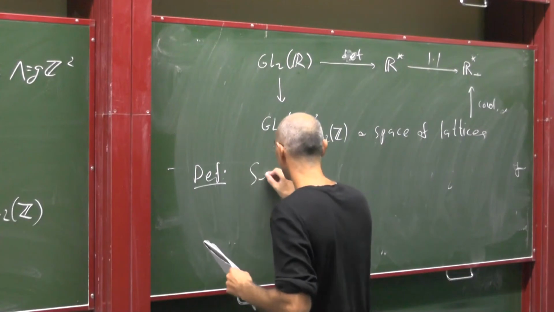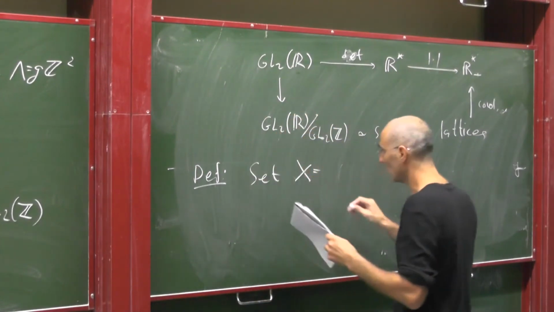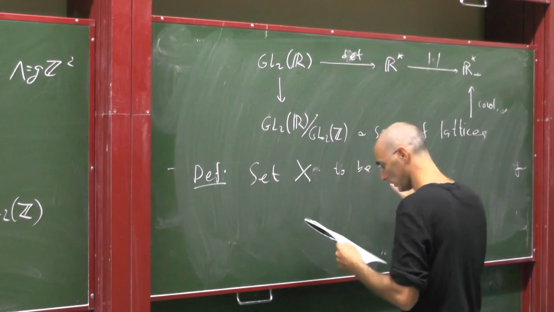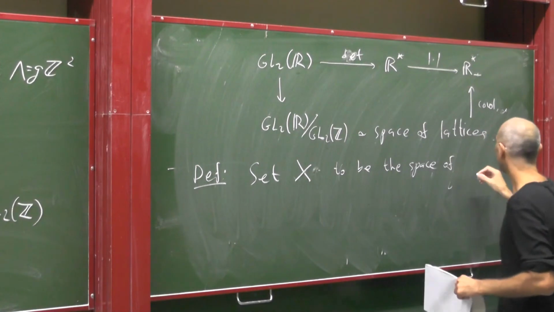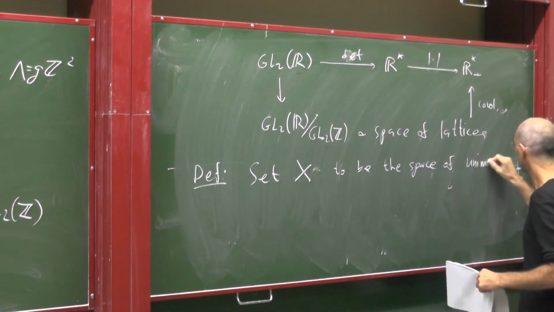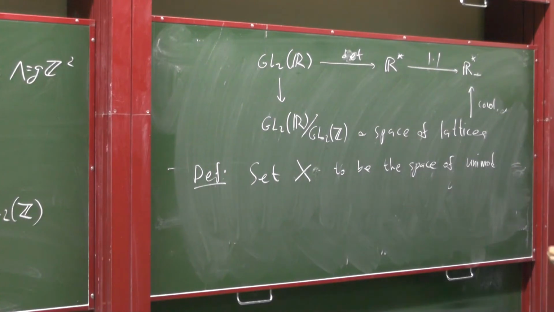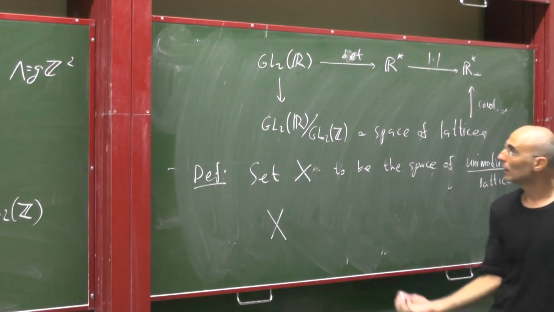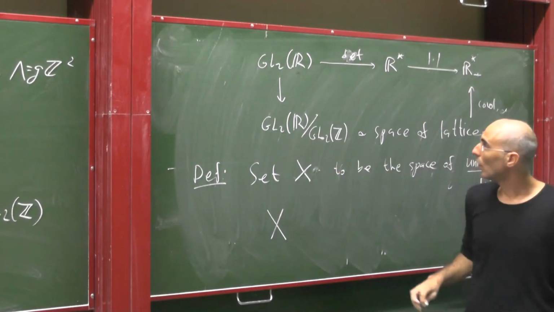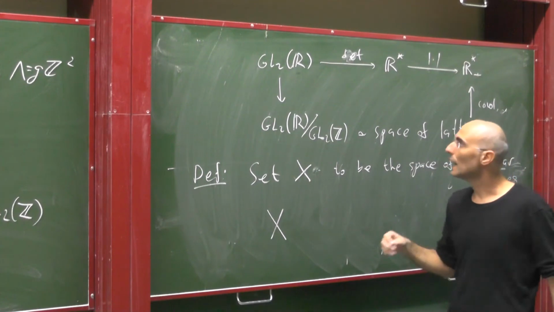So let me call it X now, to be the space of unimodular lattices. I think this is in that context self-explanatory. Now X is not all of it, but it is an SL2 invariant subset.